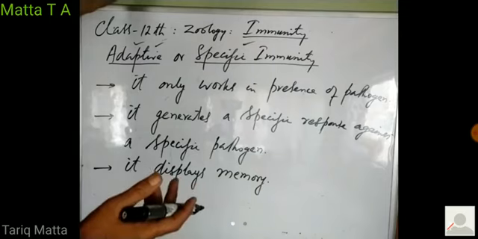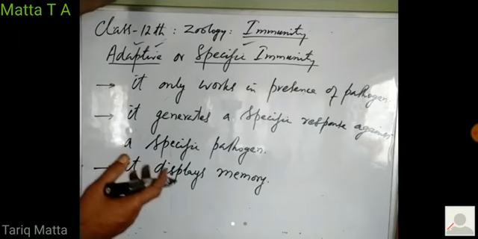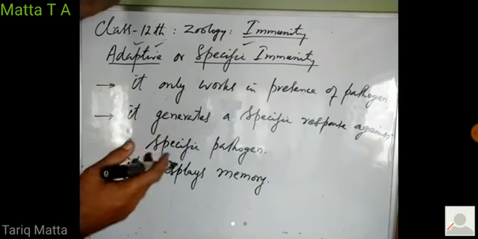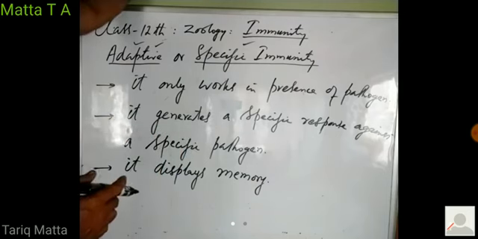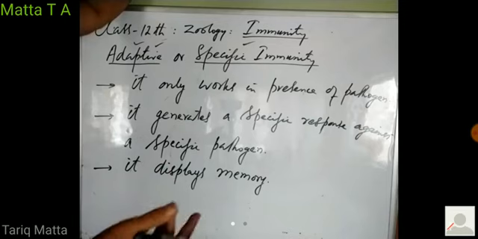There are some diseases, some pathogens for which there is lifelong immunity. The memory cells remain circulating in the blood for lifelong period. There are some pathogens for which the memory remains only for 6 months, 3 months. For example, in case of tetanus, these memory cells remain circulating in blood just a period of 3 months, right?